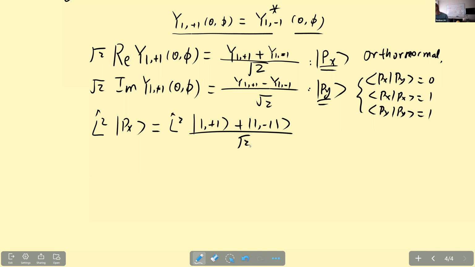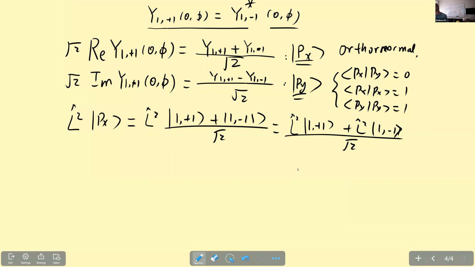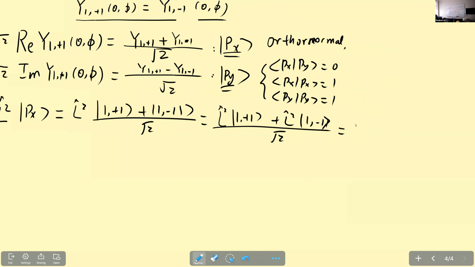But since both of these are eigenstates of L squared, you can find that this is basically L squared |1,1> plus L squared |1,-1>. And of course, this just equals to 1 times (1 plus 1) times h bar squared, and then times px.